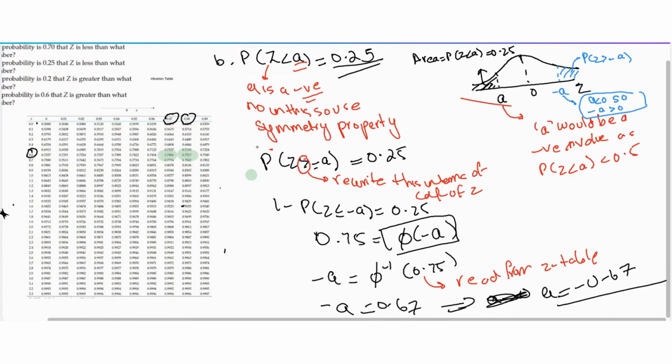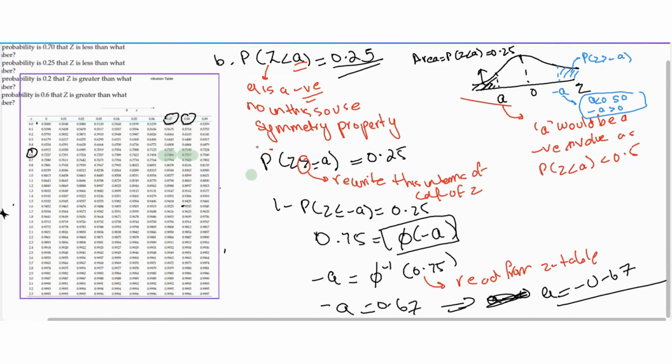Once you have phi of a positive value of Z, and you want to find the associated Z value from the Z table, you see if that probability is already present inside the Z table, then you just check its associated Z value.